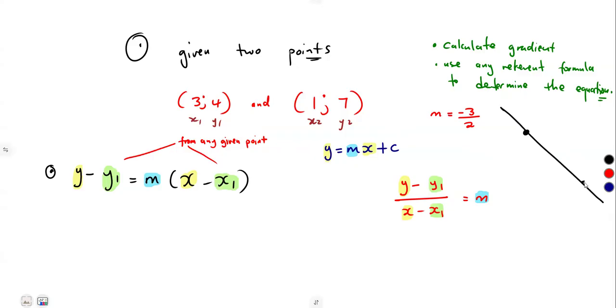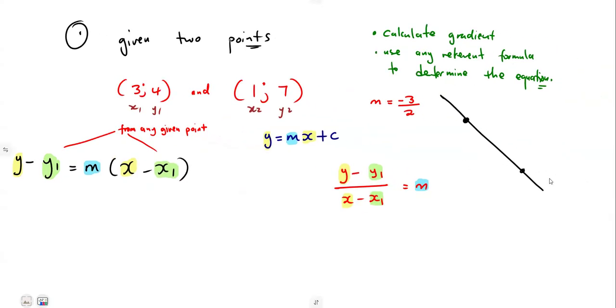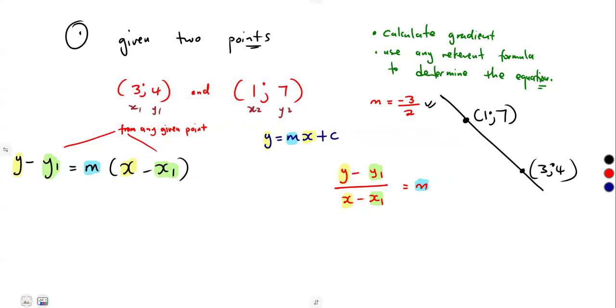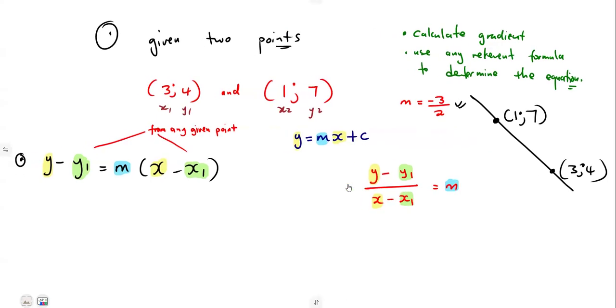The 2 points, 3, 4 and 1, 7, lie on a straight line, so you can use those 2 points to determine the equation. Like I said, you determine the gradient first. Then you apply any relevant formula, and in this case we are going to use either of these two formulas, which is one formula written in different ways.